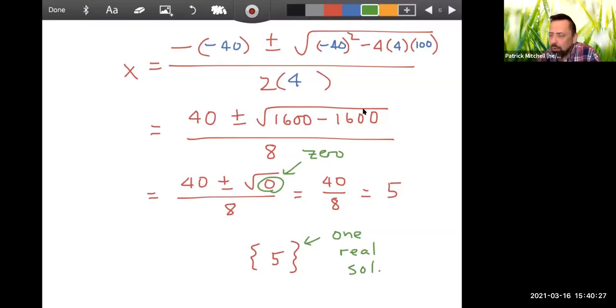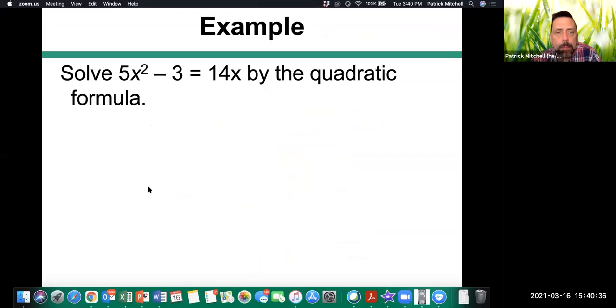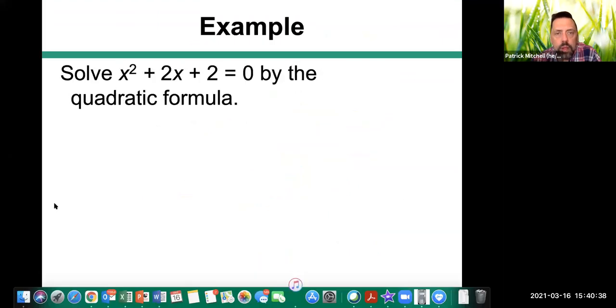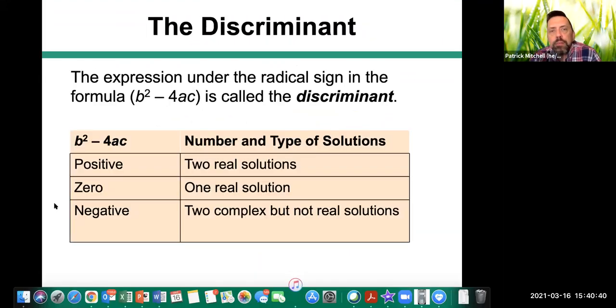So I think that's going to give us a nice segue into what we're going to talk about next. So let's get over there. All right, so that expression under the radical sign, they didn't exactly write this correctly. I'm just noticing that.